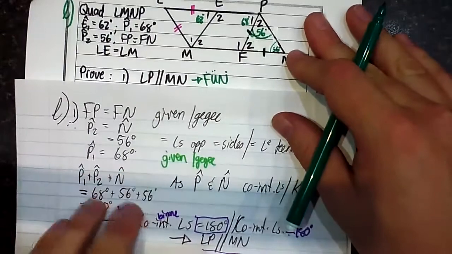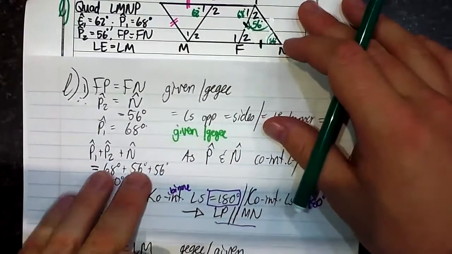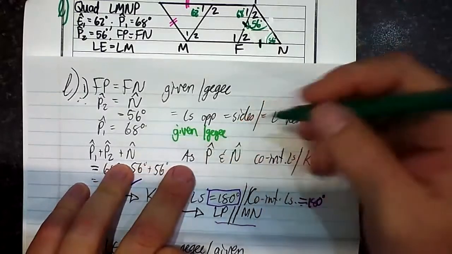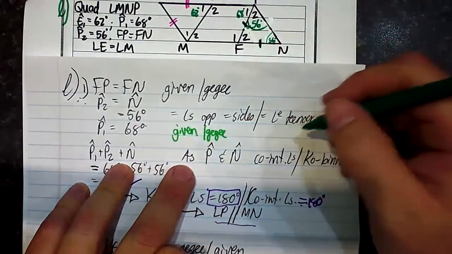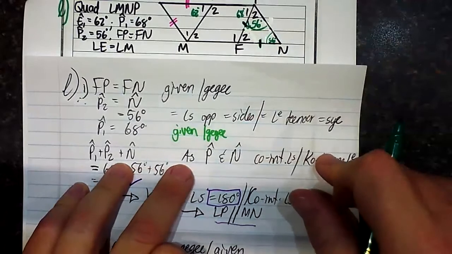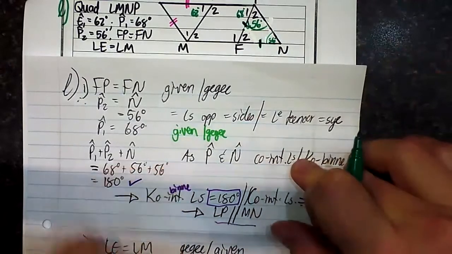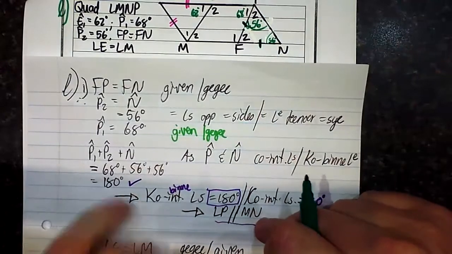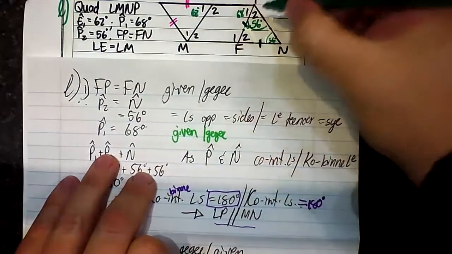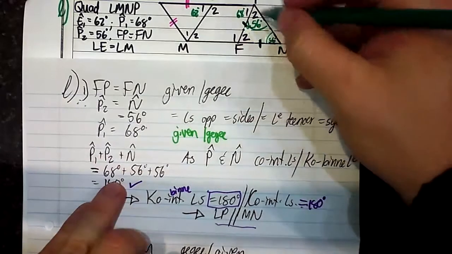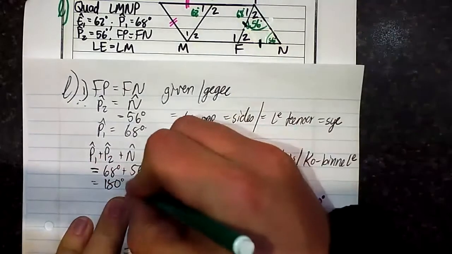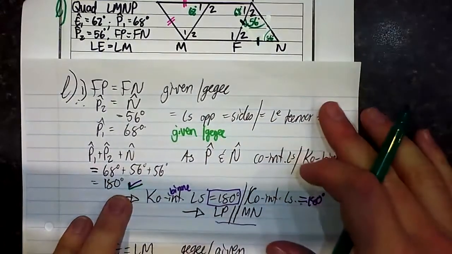Right. So P1 plus P2 plus N. If they are all equal to 180 and they are co-interior, then co-interior angles are supplementary, proving lines are parallel. So P1 plus P2 plus N is 68 plus 56 plus 56, and it does add up to 180 degrees.